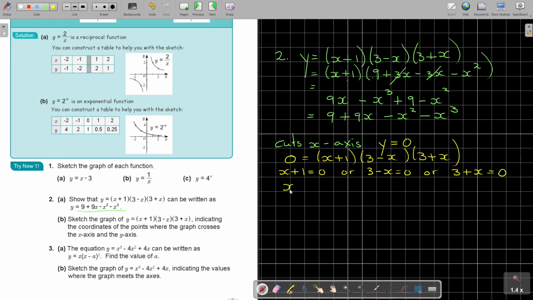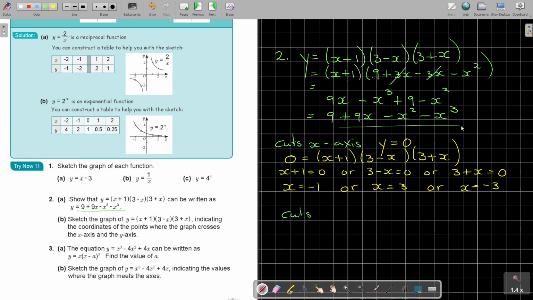So x is equal to -1, or x is equal to 3, or x is equal to -3.